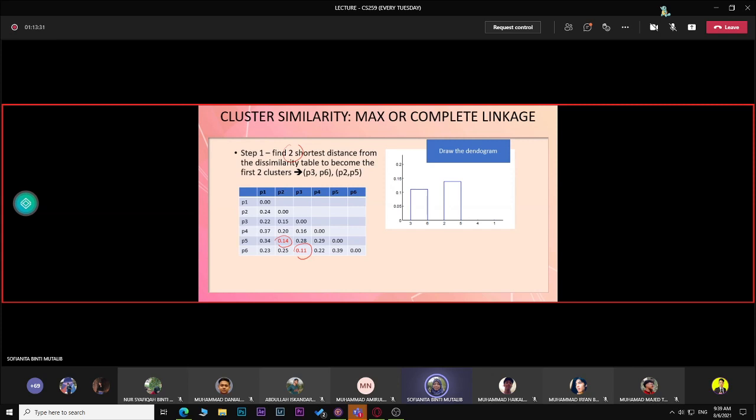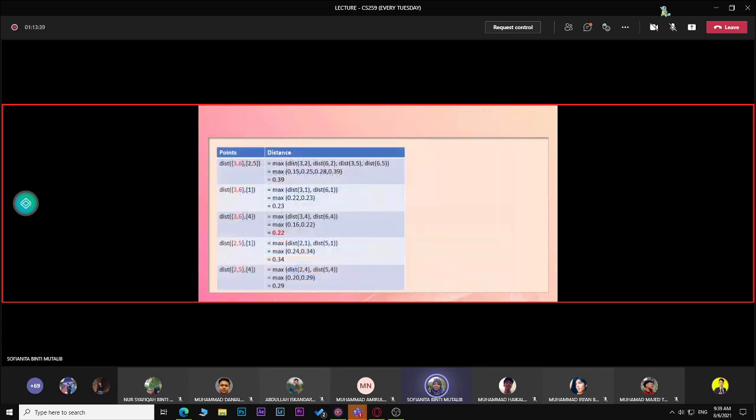Okay, right. So next what you do is to update. Prosesnya sama juga. Next, you have to update the matrix. When you update the matrix, you will see the difference is the operator. So here we use max. Why max?